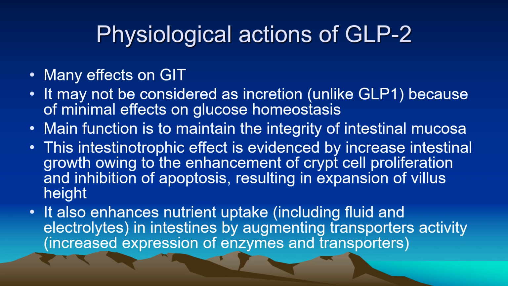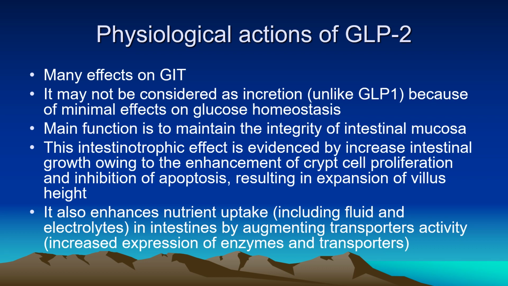The main function is to maintain integrity of the intestinal mucosa, and this is shown by increased intestinal growth due to enhancement of crypt cell proliferation, inhibition of apoptosis, and therefore villus height is also increased. Therefore, intestinal repair and regeneration is promoted by GLP-2.